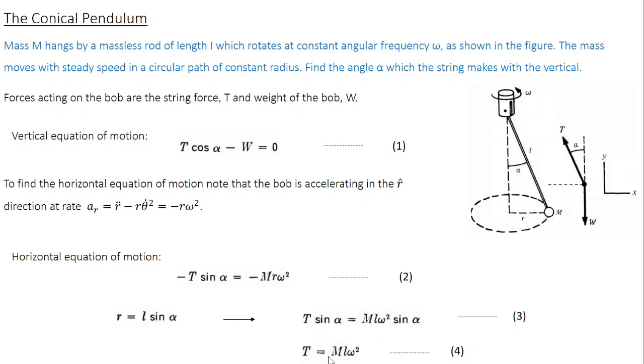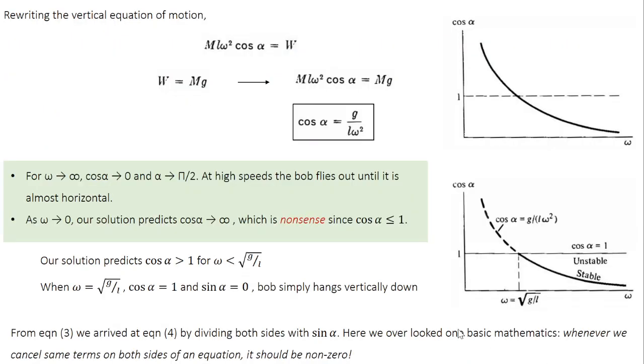That's how we got this equation, right? But remember, at this point cos alpha equal to 1 and sine alpha equal to 0. So basically you are dividing an equation by a term whose value is equal to 0. Can you divide something by 0? No, right? So whenever we cancel same terms on both sides of an equation, it should be a non-zero value. So this is the mistake we have made.